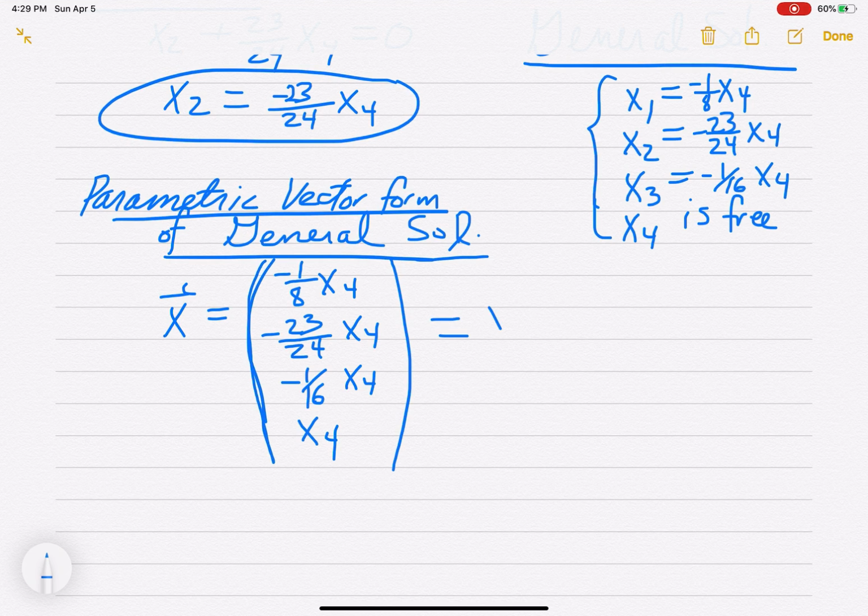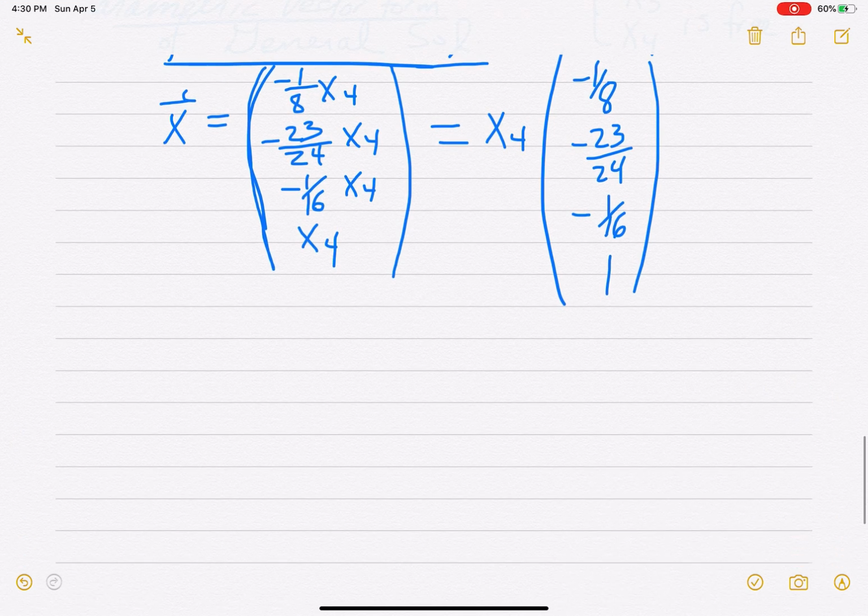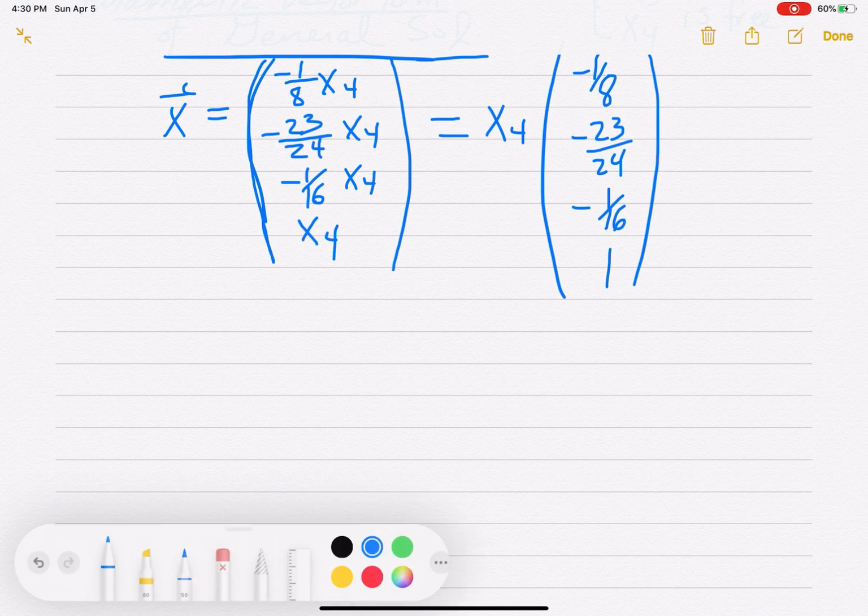If you factor out the x4, you're going to be left with a single vector. Minus 1/8, so these are the coefficients, minus 23 over 24, minus 1/16, then a 1 here. So this single vector here, after the x4, that is going to be the basis of your null space.